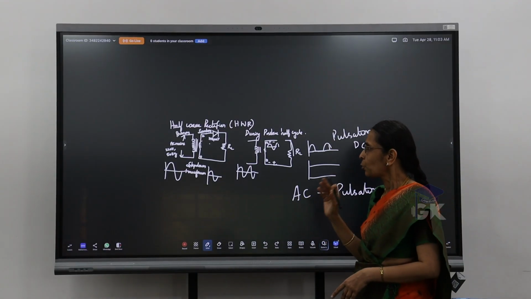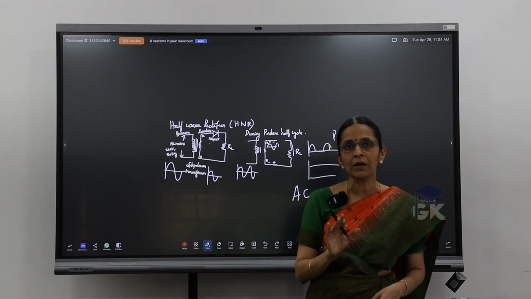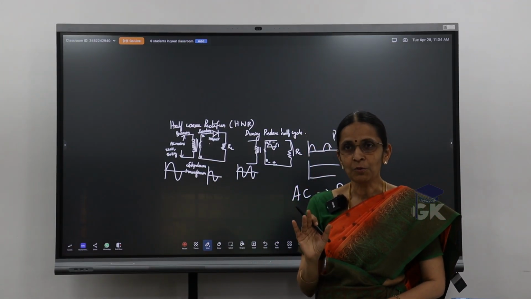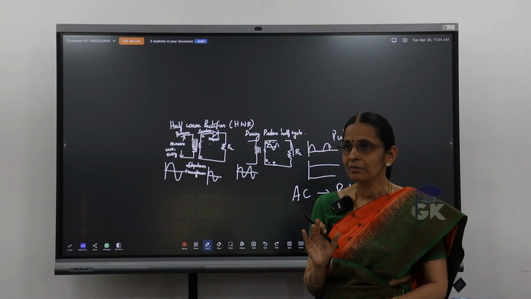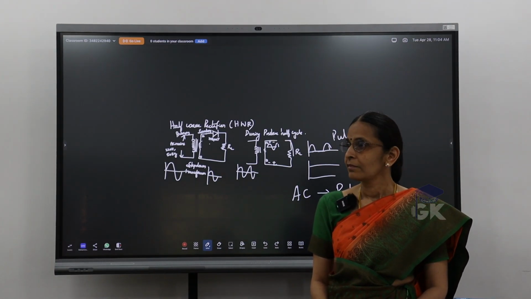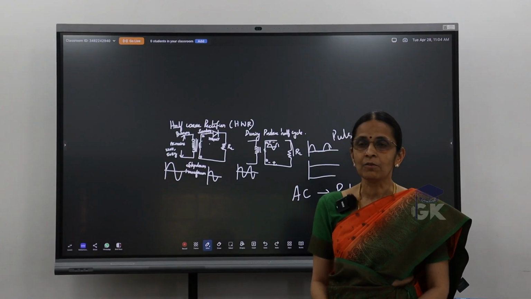Okay. Now the question is, will it work only for the positive half cycle? Is it going to work only for the positive half cycle? No. Negative. So what should be the change in your circuit?